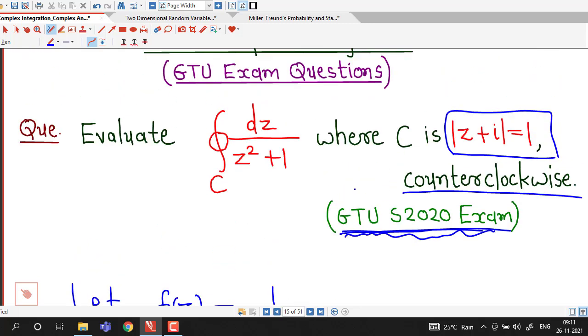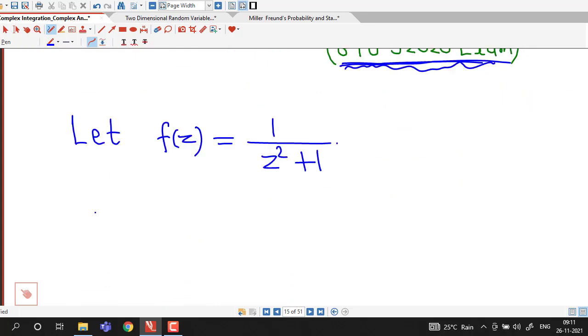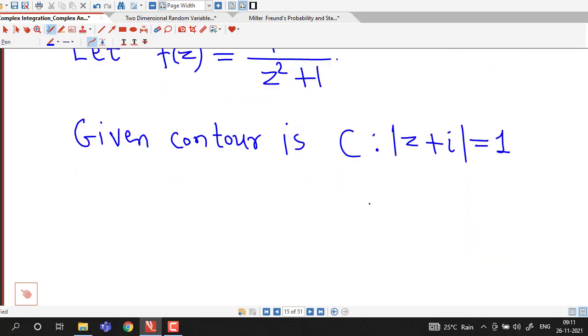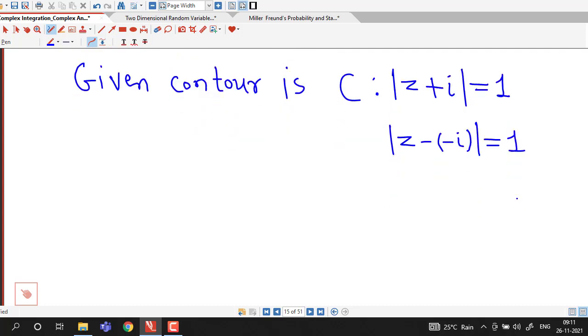Now the given contour is modulus of z plus i equal to 1. So this is nothing but a circle with center z equal to minus i and radius 1.